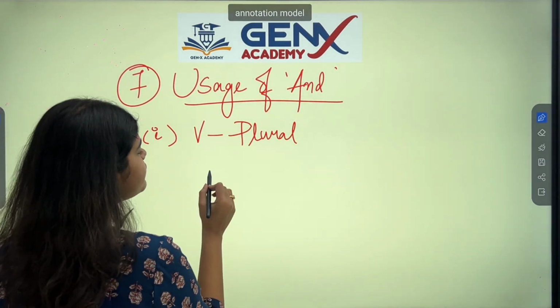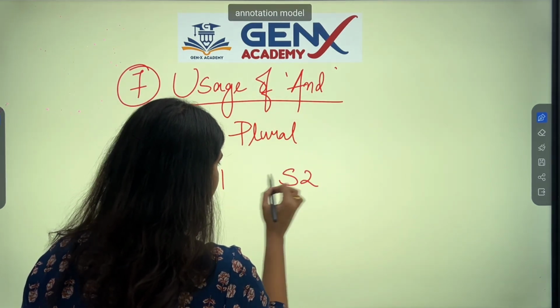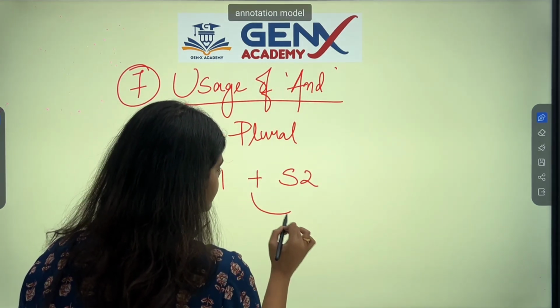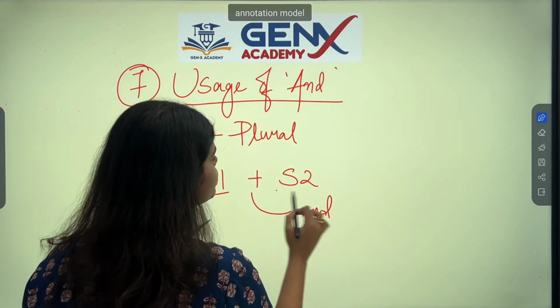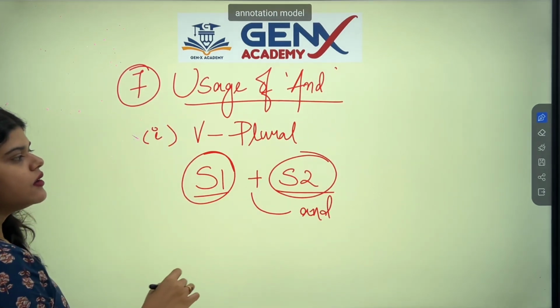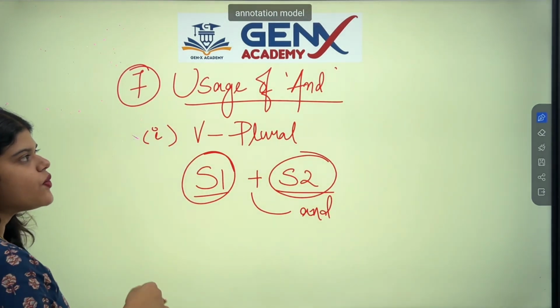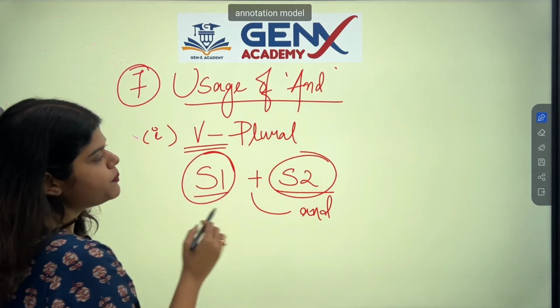Like if two different subjects, subject 1 and subject 2 are joined using and, which are like two completely different things or persons and cannot be considered as one unit, then the verb will be plural.